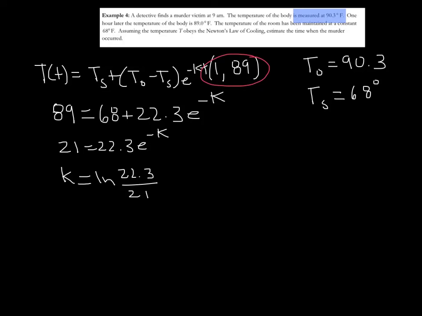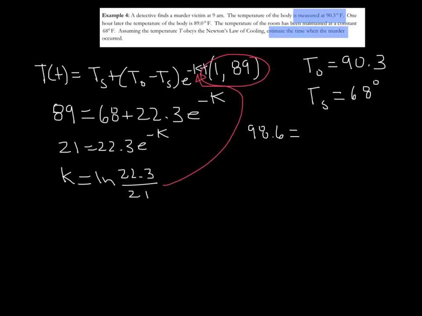So you're going to take that and plug it into Newton's law of cooling. And now, look what it says, we need to estimate the time when the murder occurred. So we're looking for little t now. So we need to go back, and now we need to plug in 98.6 degrees for the temperature of the body, and that's going to equal the same thing.